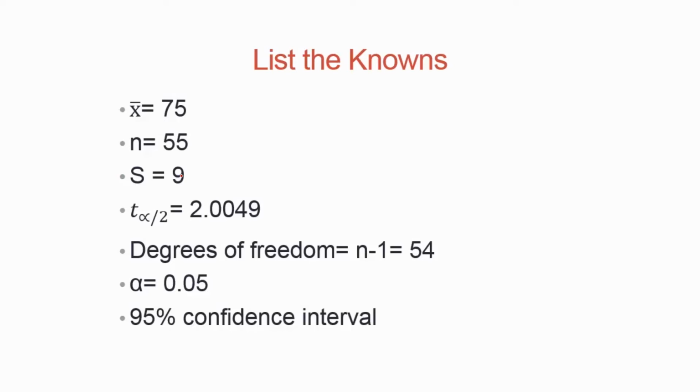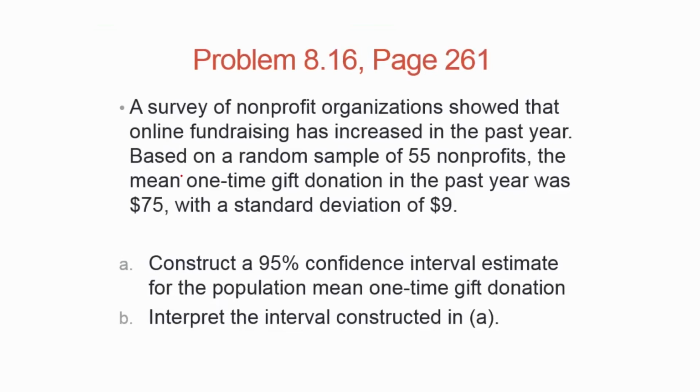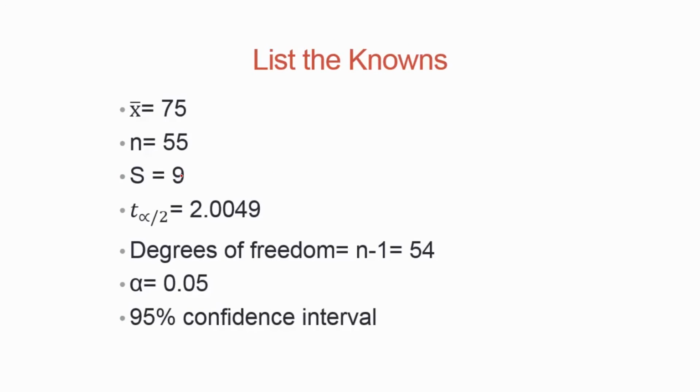It's based on n minus 1 degrees of freedom, which is 55 minus 1, or 54, and an alpha level of 0.05. Remember, if it doesn't tell us anything else, we always assume 0.05. In part A it says construct a 95% interval, so that's how we knew alpha was 0.05 and we wanted 95% confidence.